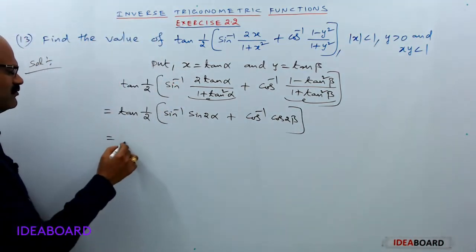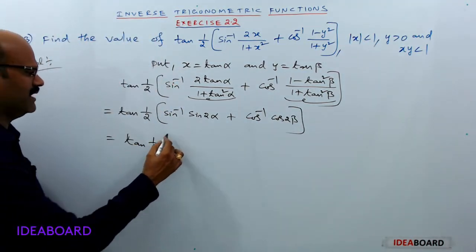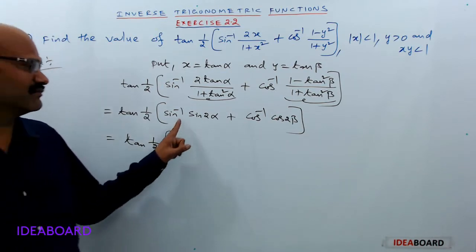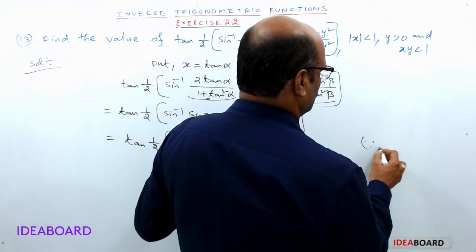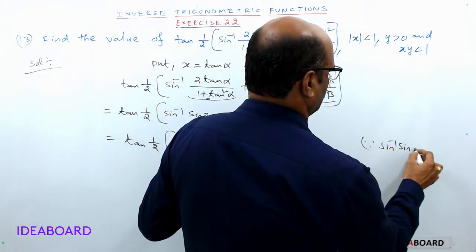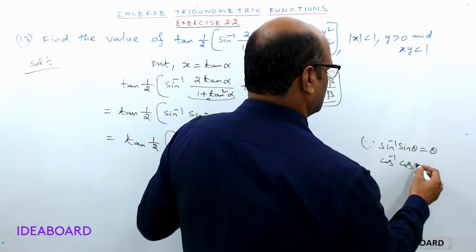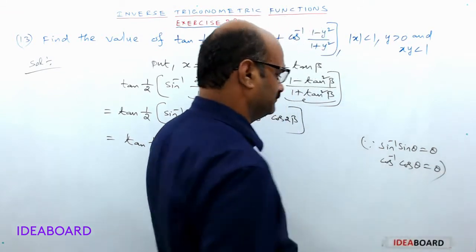Now it's equal to tan of 1 by 2 into. Sin inverse of sin theta is always equal to theta. Cos inverse of cos theta equal to theta.